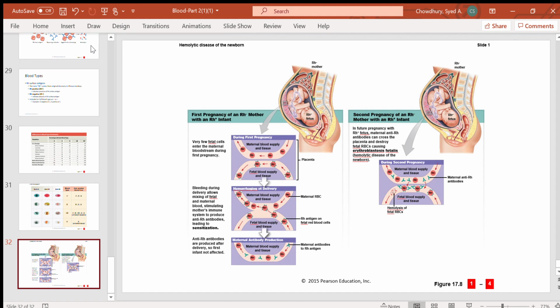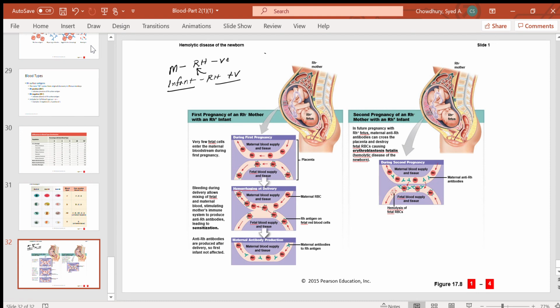Okay, the last thing, a clinical condition that is called erythroblastosis fetalis. If the mother is Rh negative, that means mother's blood type is negative, and the infant or child is Rh positive, then from the infant's body, the positive blood will enter into the mother's body.